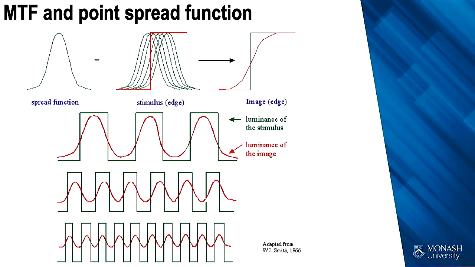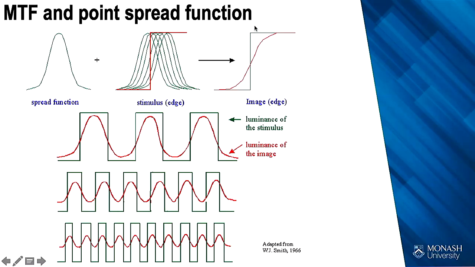If we have an edge, which you can think of as the edge of your line pair, so we have very dark and then very light, and at every point along there, you have essentially transferred as a point spread function. What you get is what's called the edge spread function, which is this here. So this is what a sharp edge will look like in your image. And you can see how that's related to the point spread function, which is again related to your optical resolution.